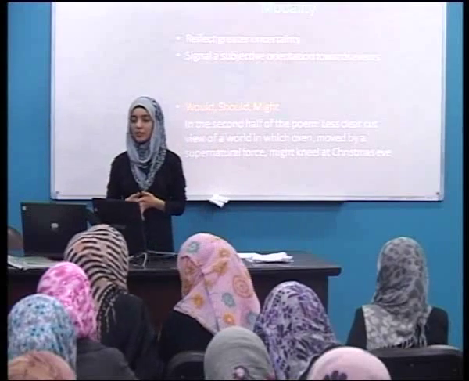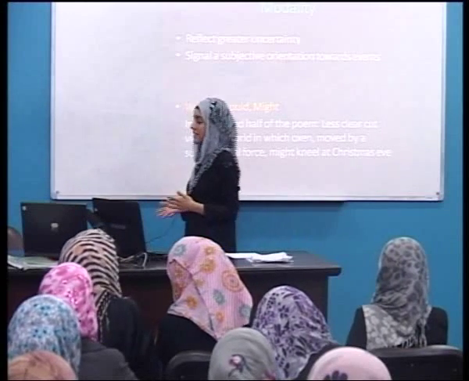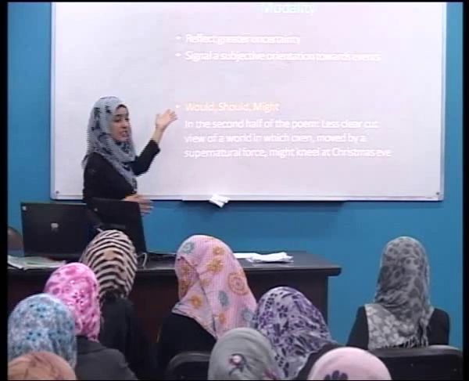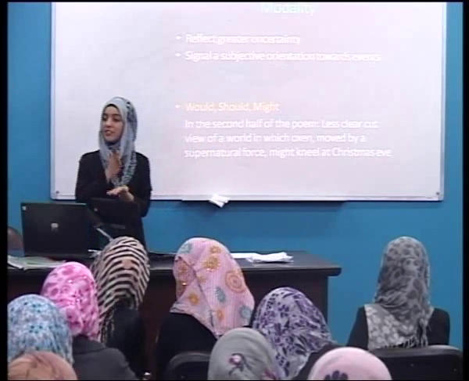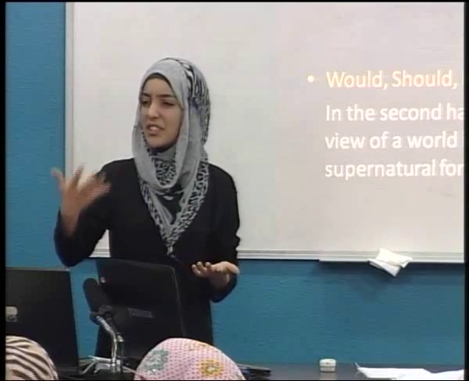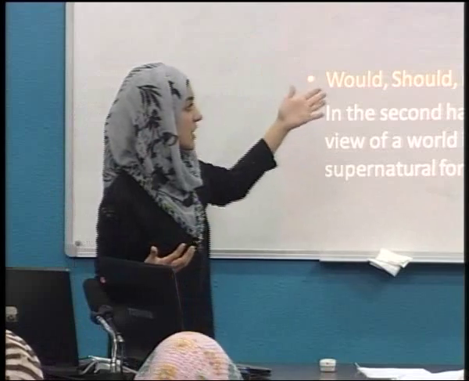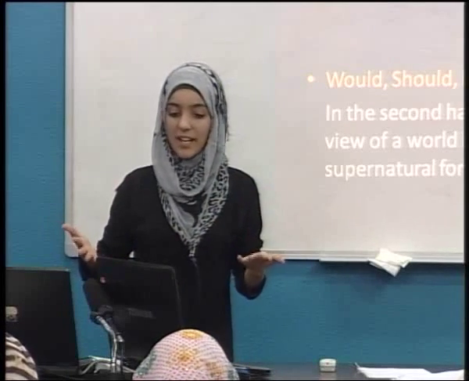And then after that, we talked about the modal verbs. First of all, we said, what do they signify? They reflect greater uncertainty because they're not certain verbs. They give uncertainty to the words you're saying, and they signal subjective orientation towards the events or actions that are happening.